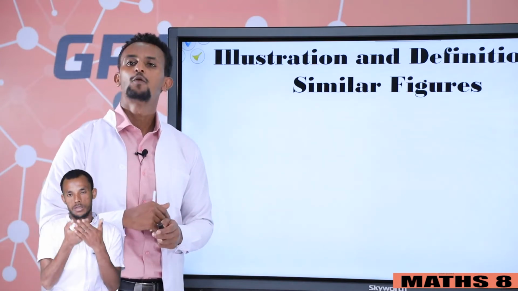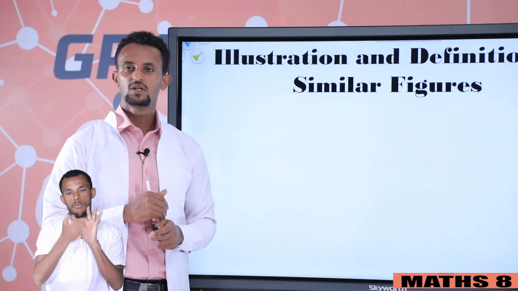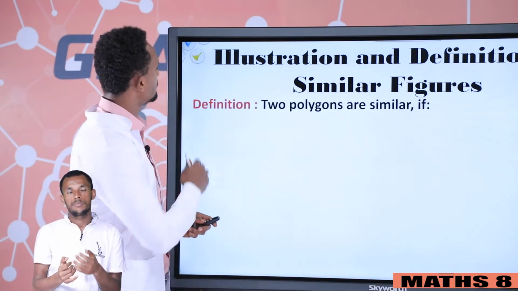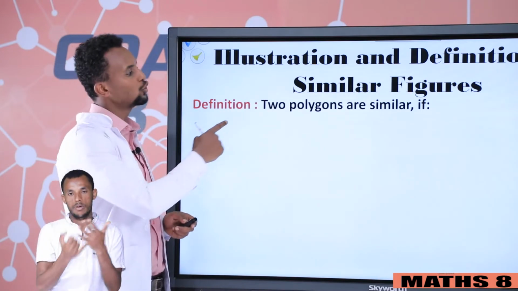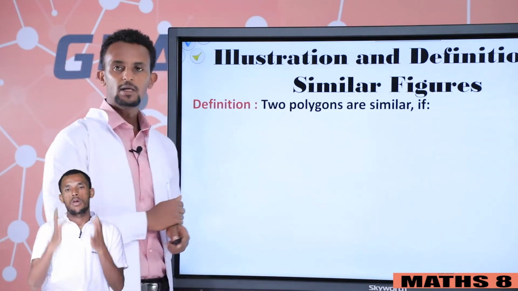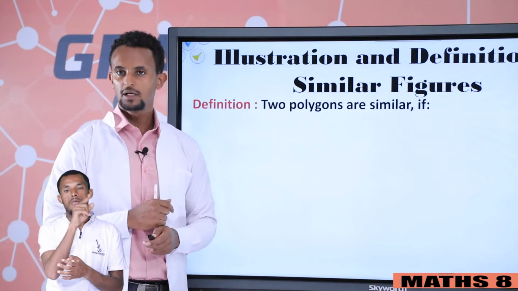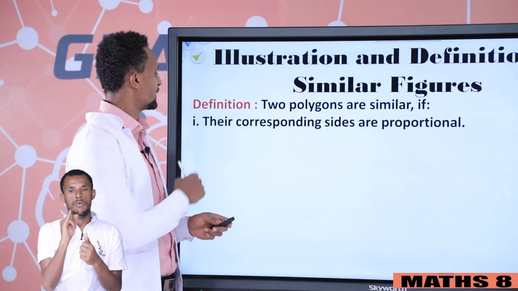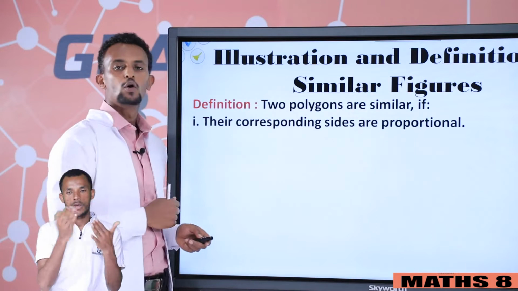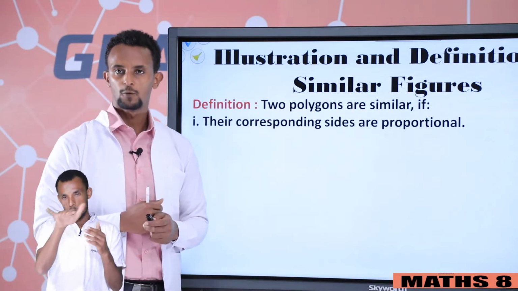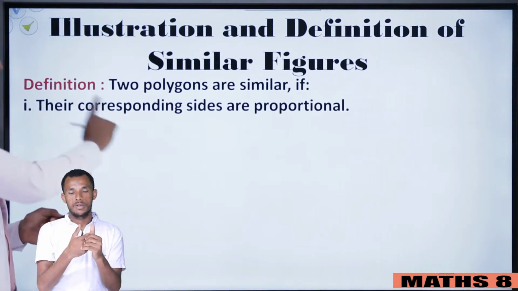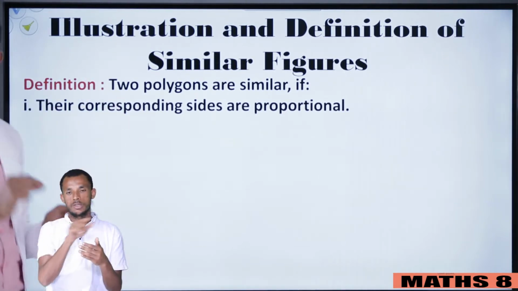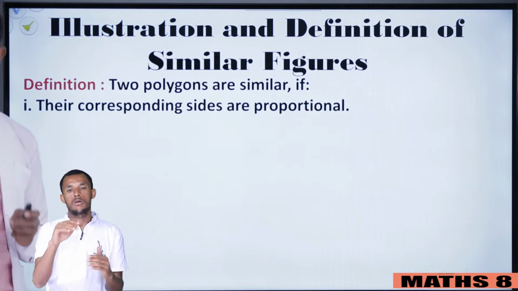This is the formal definition of similar figure. Two polygons are similar if and only if they satisfy the following. The first thing is their corresponding sides have to be proportional.